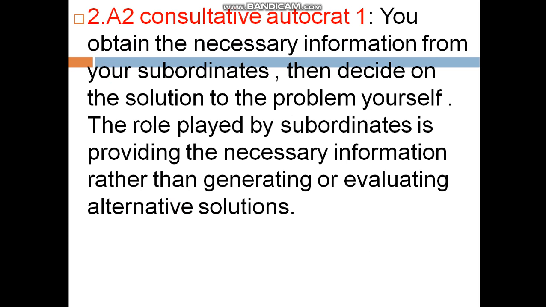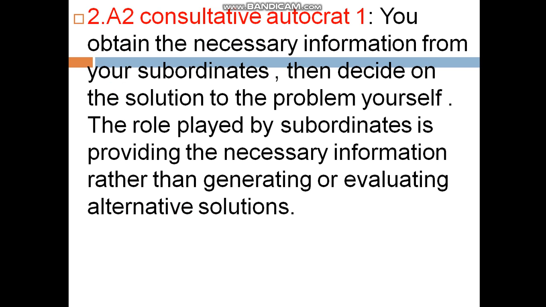Then second one, A2 consultative autocrat 1. Here you obtain the necessary information from your subordinates, then decide on the solution to the problem yourself.